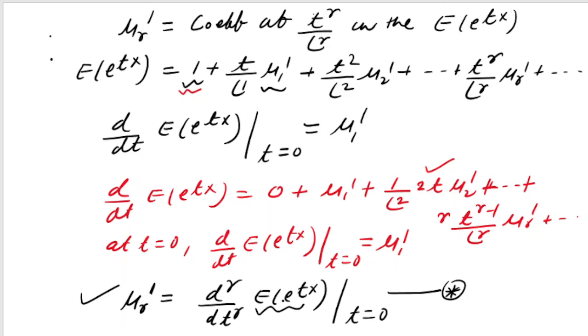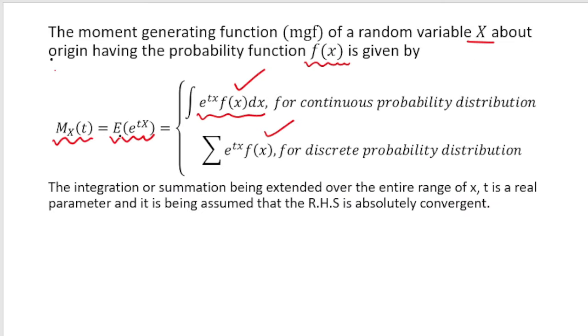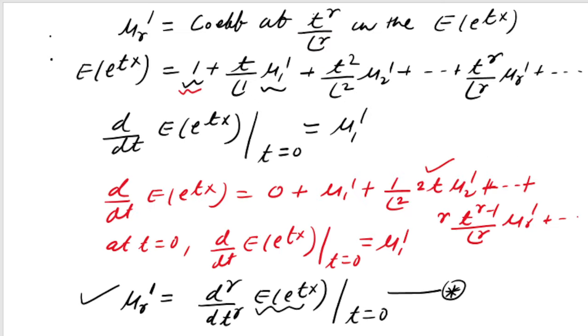So to summarize, I am repeating what the moment generating function of the random variable x is. It is the expectation of e to the power tx. And how do we get the rth order moment, which I am representing by mu r dash, and which is nothing but the expectation of x to the power r? Yes or no? So don't get confused about what mu r dash is.